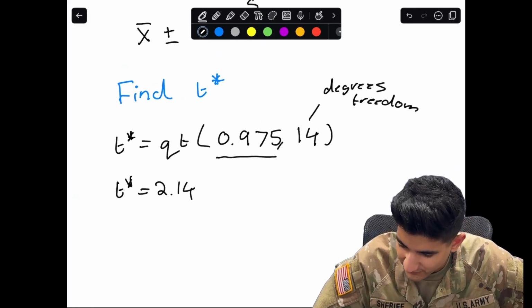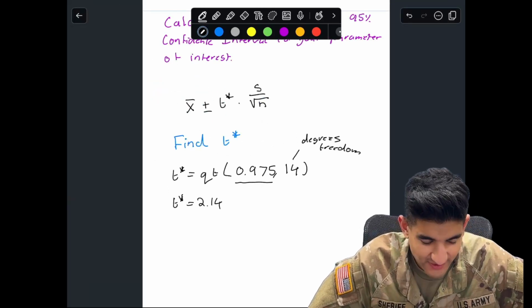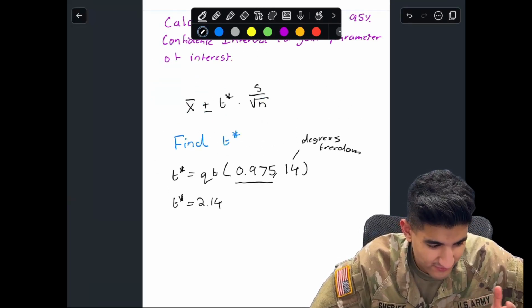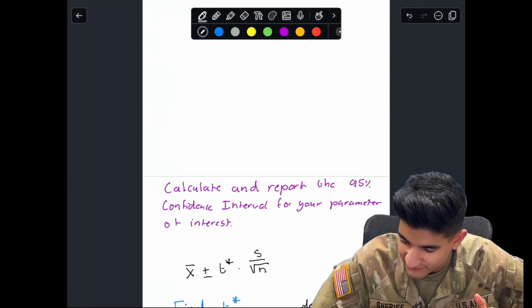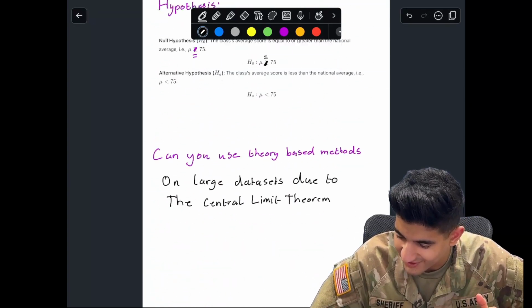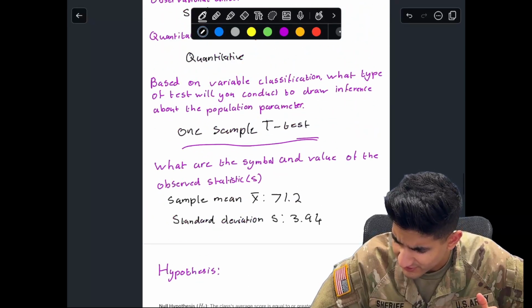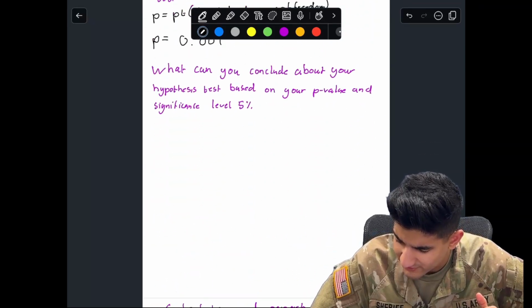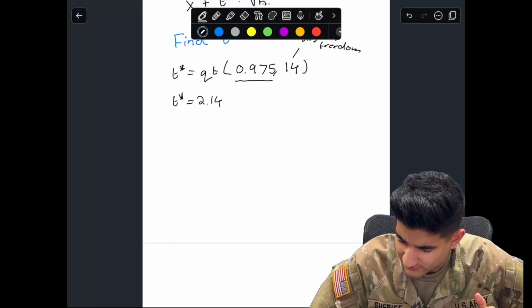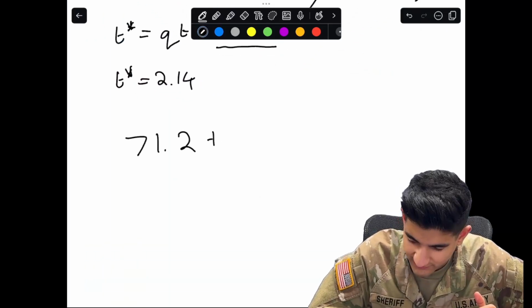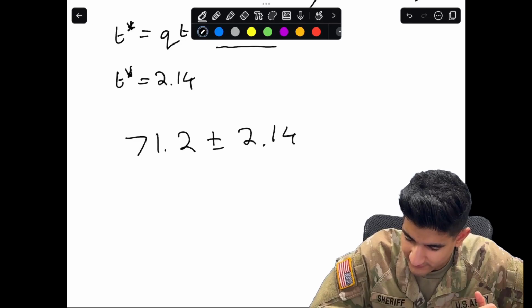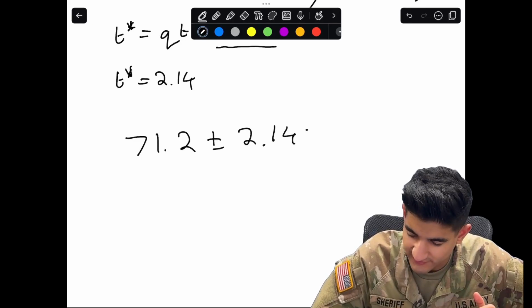So 2.14, now we can simply plug it into the formula in order to get our 95% confidence interval. So it'd be x bar. In our case, x bar was 71.2. So we're going to do 71.2 plus or minus 2.14 times our standard deviation.